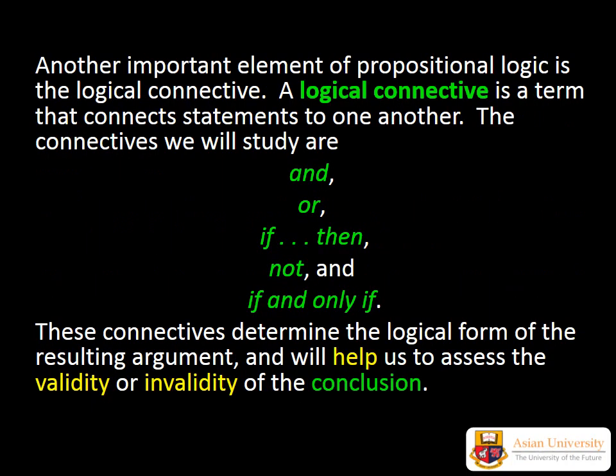Another important element of propositional logic is the logical connective. A logical connective is a term that connects statements to one another. The connectives we will study are and, or, if then, not, and if and only if. These connectives determine the logical form of the resulting argument, and will help us to assess the validity or invalidity of the conclusion.